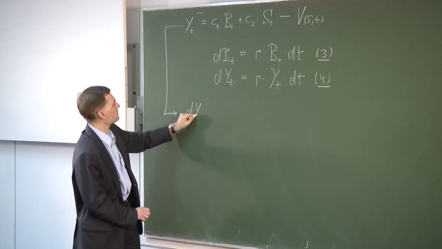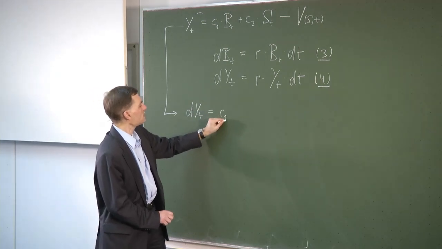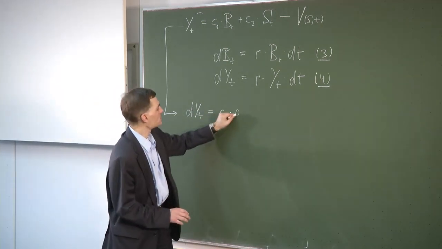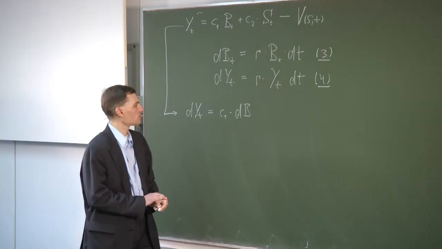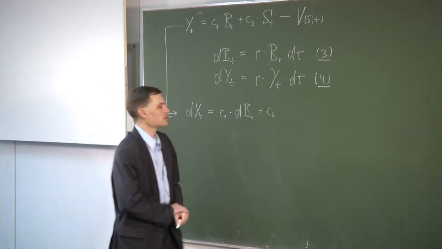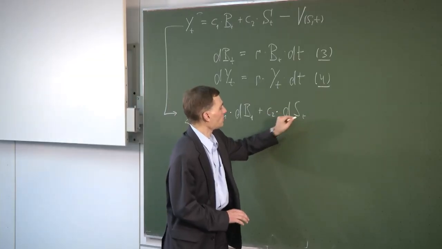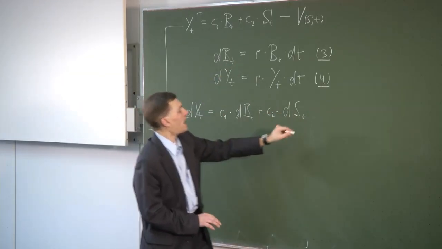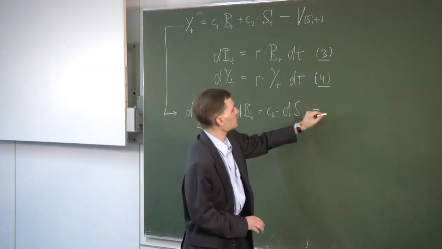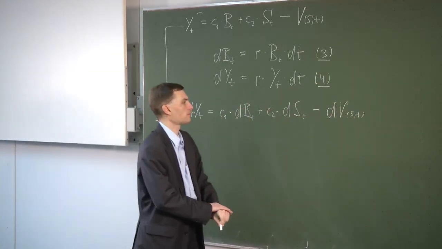Well, this is quite easy. It's the change of my portfolio value, C1 is a constant, times the change of my bond price, dBt, C2 is a constant as well, times the change of my stock price, and then minus the change of the option price function.